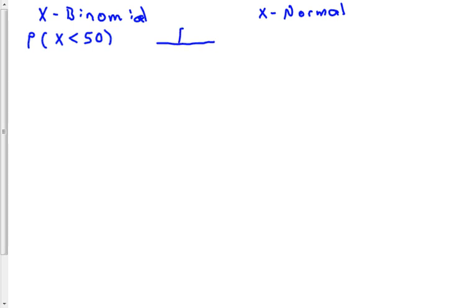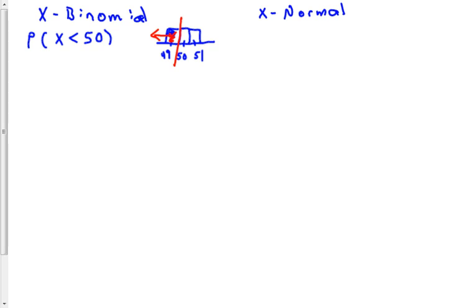If you look at the idea of a histogram with a binomial distribution, 50 being in the middle there, 49 and below would be that. The part that's shaded is halfway between 49 and 50.